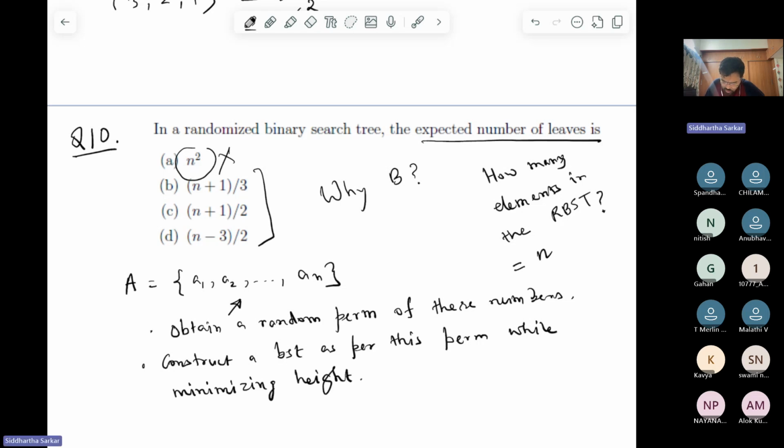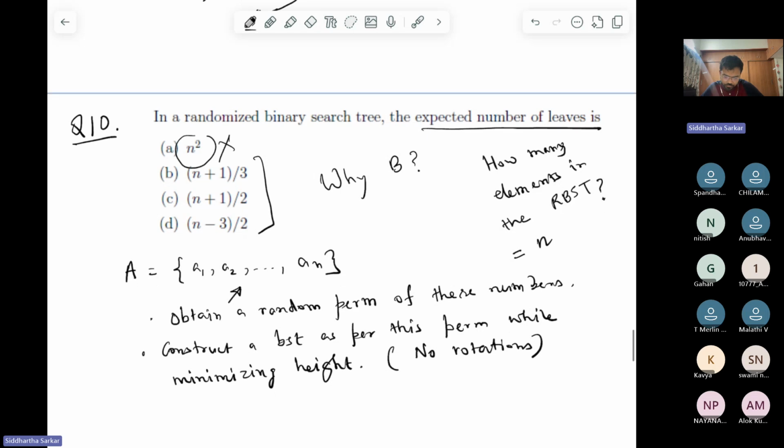You are not doing rotations. You are just following the order of the permutation.